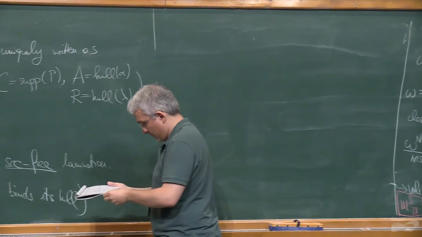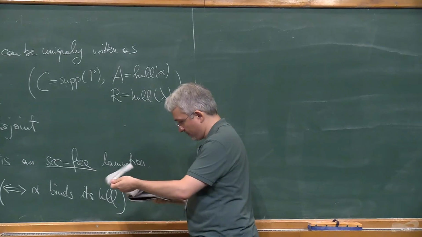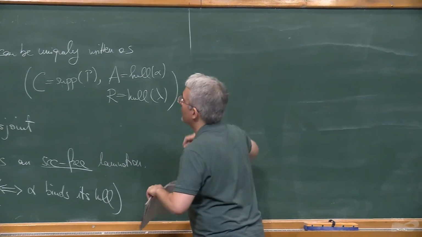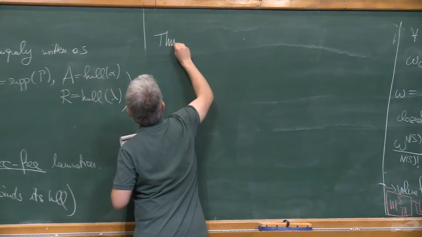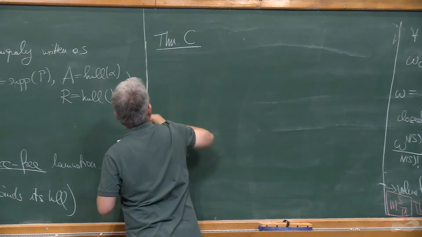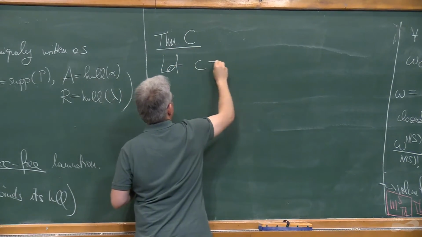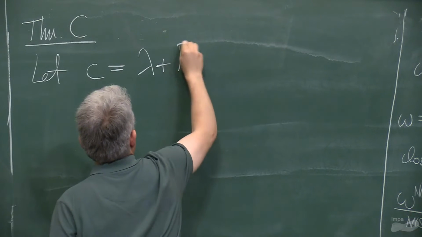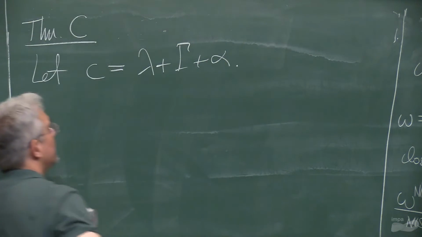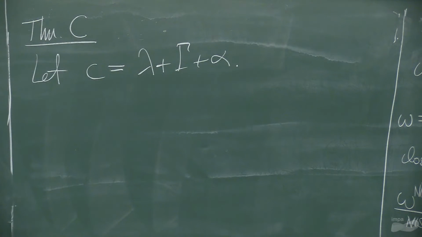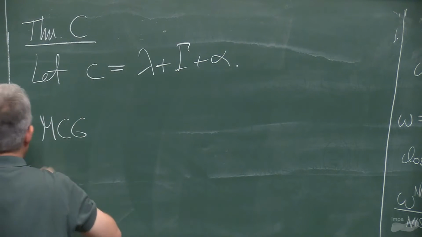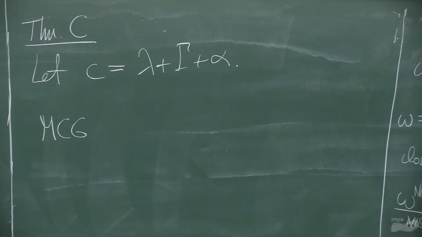And let me describe the measure, or maybe theorem C is easier. So the orbit closure. So we take a current and we write it this way. And we want to know the closure of this under the action of the mapping class group. So the mapping class group acts on the set of multi-curves and so on.